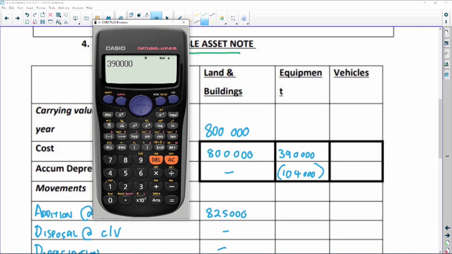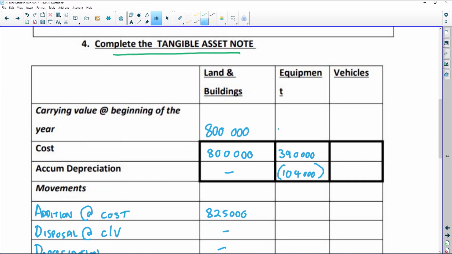You can leave out the 3 zeros if you want to. At the beginning of the year my carrying value is 286,000. So 3 very easy marks. Guys, please remember accumulated depreciation is a negative asset. It decreases the value of your asset, so it must be in brackets.